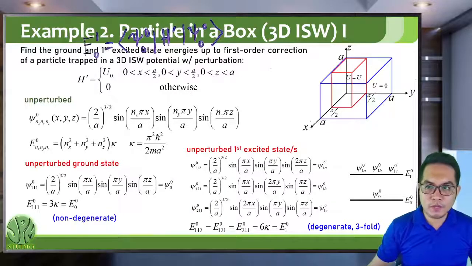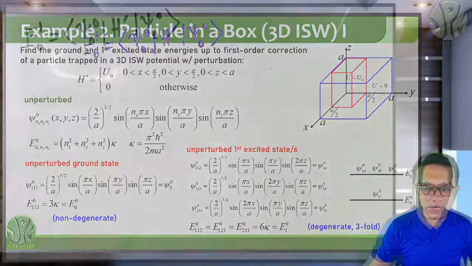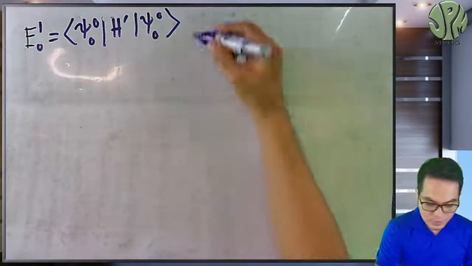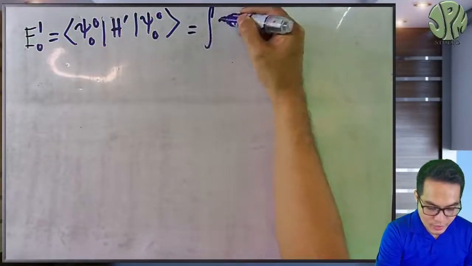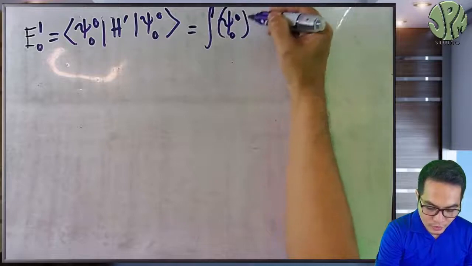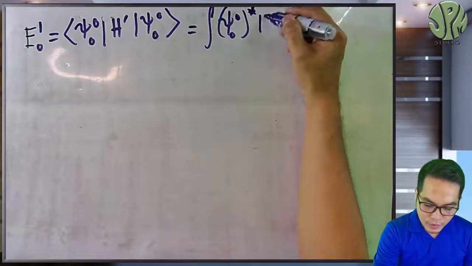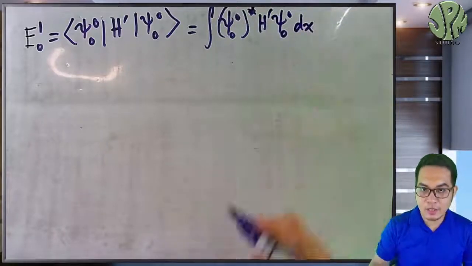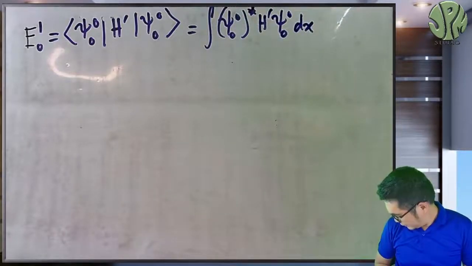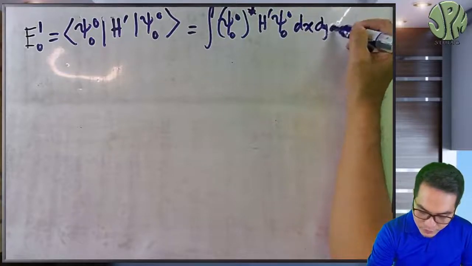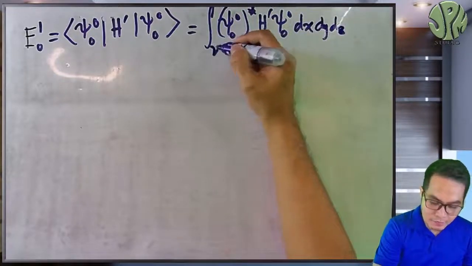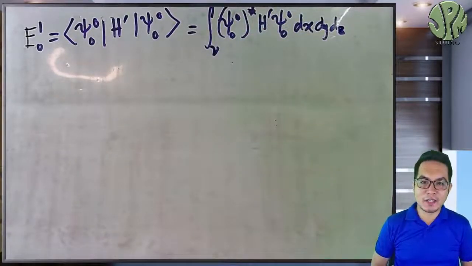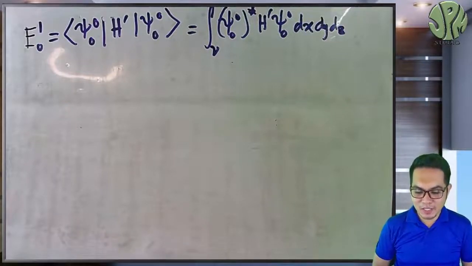We convert this into an integral. Basically this is the ground state conjugate, H prime, the ground state, dx dy dz. So this is a volume integral, a triple integral.